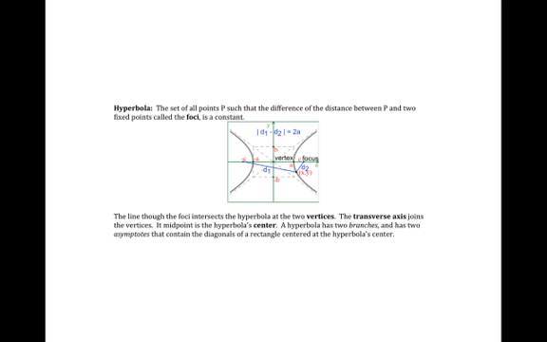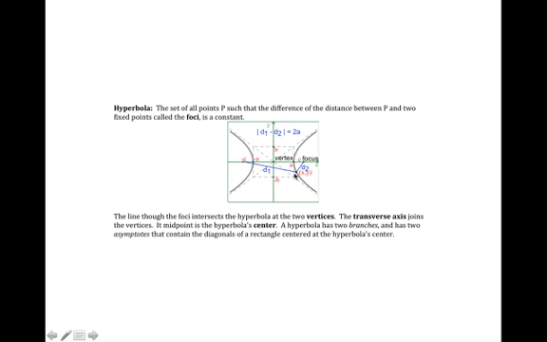A hyperbola has two branches and has two asymptotes that contain the diagonals of a rectangle centered at the hyperbola center. So the rectangle is going to be centered at the center. That sounds funny, but it is. And you go out a units to a vertex, and then from the vertex you go up b units to get a corner point.